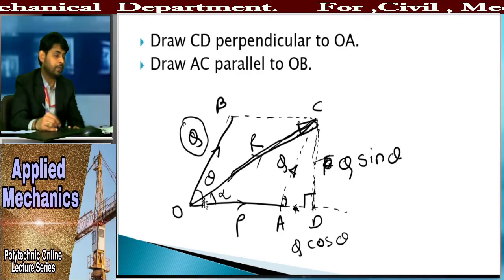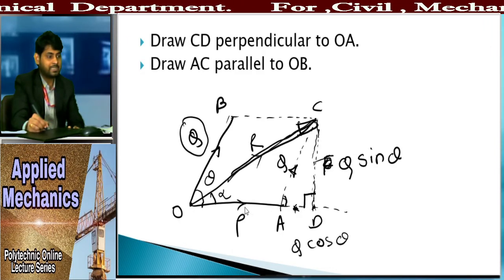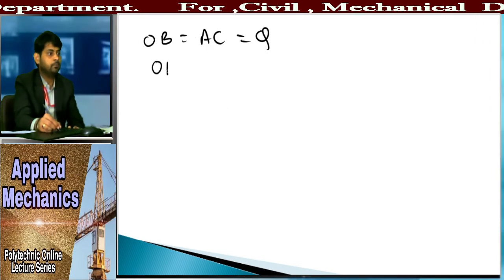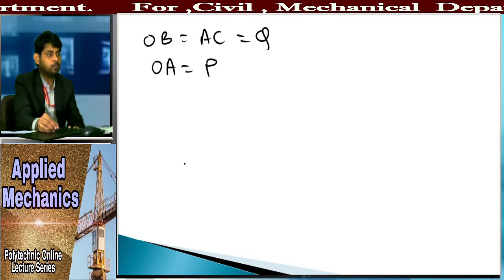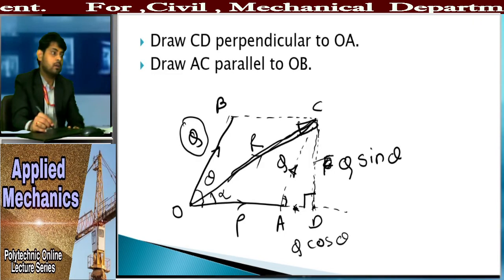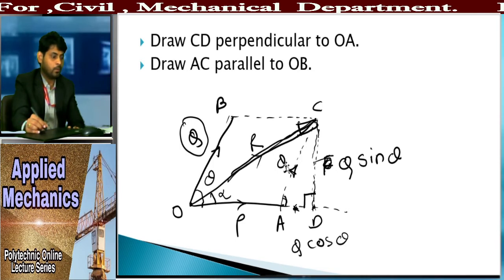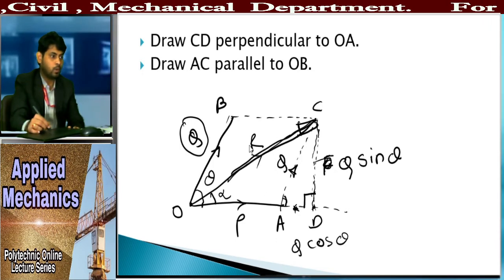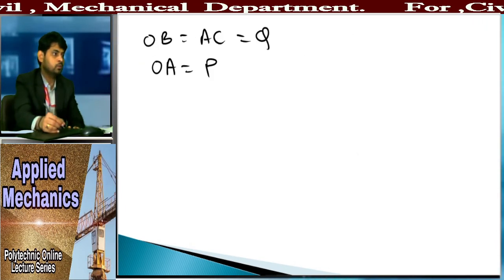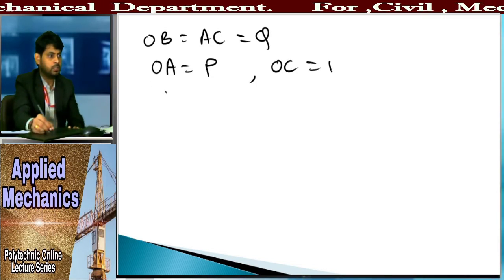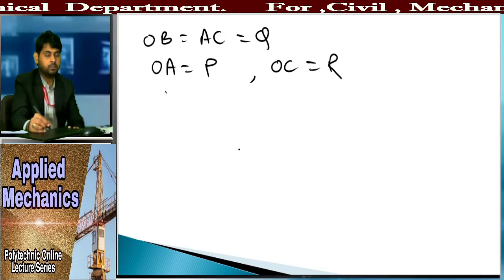Now you can see here, this OA is nothing but the P. OA is equal to P, right? After that, see here, this OA is equal to P and OC is equal to R. So here OC is equal to R, right?